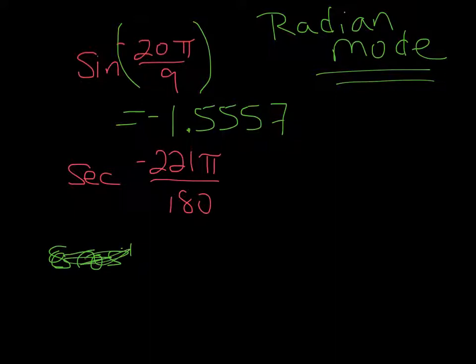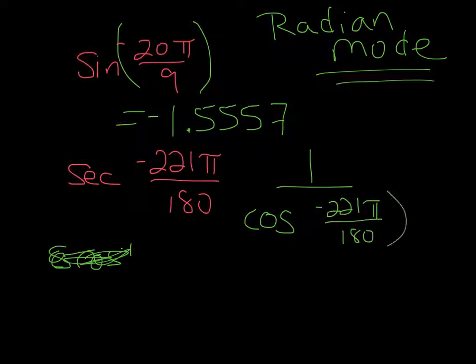So what I'm going to do is 1 over cosine of negative 221 pi divided by 180. And just make sure this is in parentheses. So 1 divided by, because secant and cosine are inverses of each other. Remember, we talked about them being flipped, which also means that it's simply 1 over cosine. So if I enter that on my calculator, I end up getting negative 1.325. And that's the final answer.